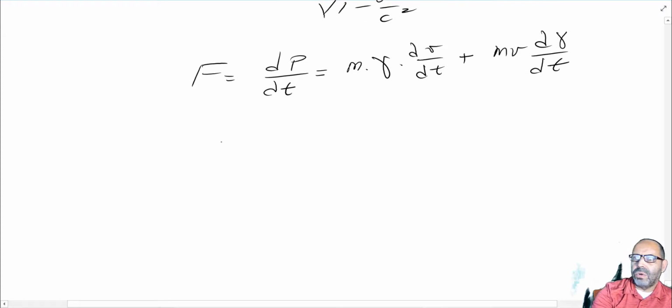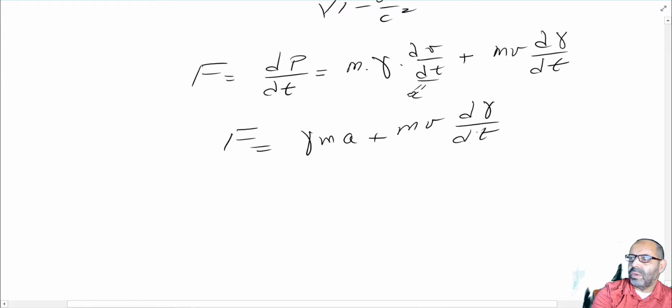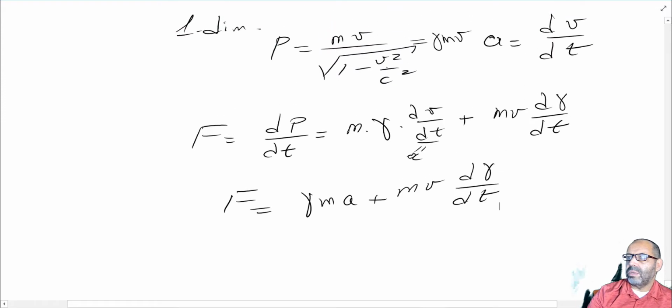There is a term in here. The first term is fine, it's proportional to the acceleration, but what in the world does the second term mean? So we want to find the second term in here: plus mv times the rate at which gamma is changing with time, because remember, it's a relativistic particle. It has a velocity super fast, and now somehow it's under a force, electric force or magnetic force or something, so it's going to accelerate further.